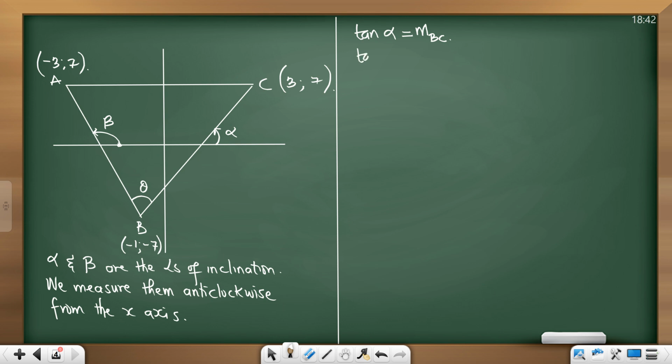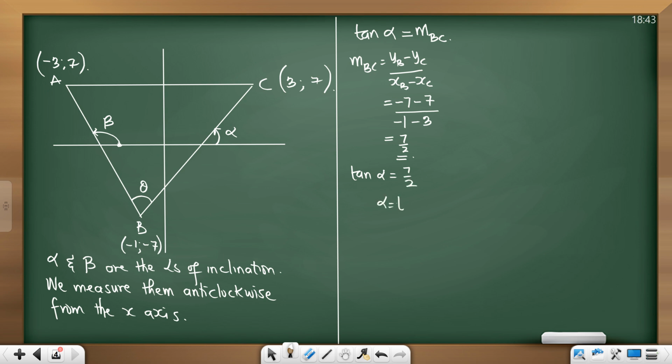So let's find gradient of BC first. Gradient of BC is YB minus YC over XB minus XC. What is my YB? Negative 7 minus 7. What is XB? Negative 1 minus 3. And that will give me negative 14 over negative 4, which is 7 over 2. Now, tan alpha is the gradient of BC, 7 over 2.